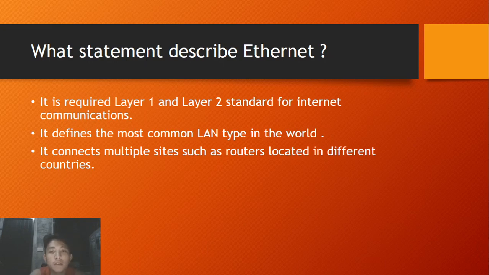The statement that describes Ethernet is that it defines the most common LAN type in the world. Why? Ethernet is the most common LAN protocol in the world. It operates at layer 1 and 2, but it is not required for internet communication. The OSI model is used to describe how networks operate, and Ethernet does not connect multiple sites located in different countries.